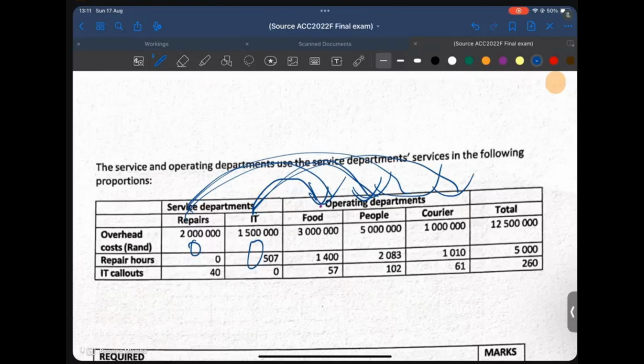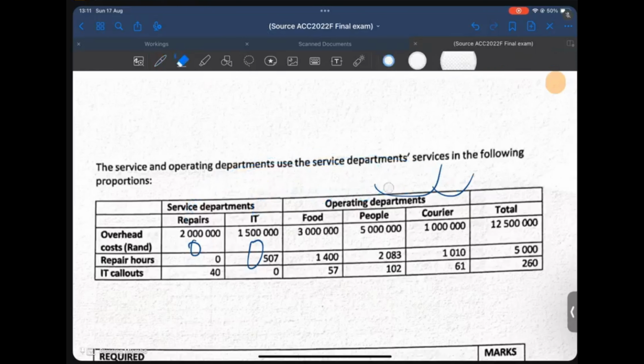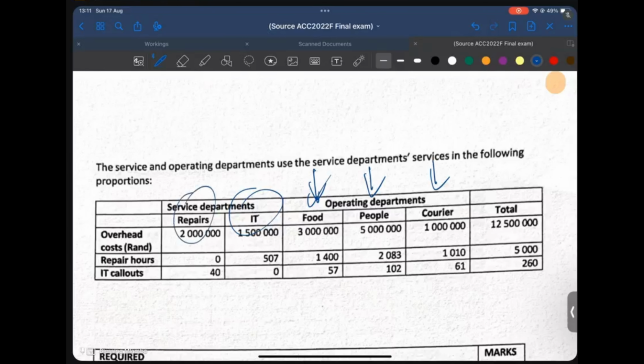Usually service department allocation helps with performance evaluation. Because if you think about it, the reason we allocate the cost is because the food department, as an operating department, uses the services of IT and the services of repairs.